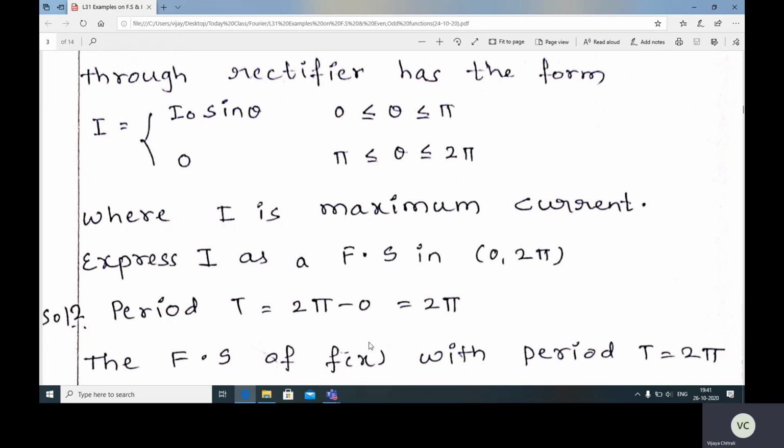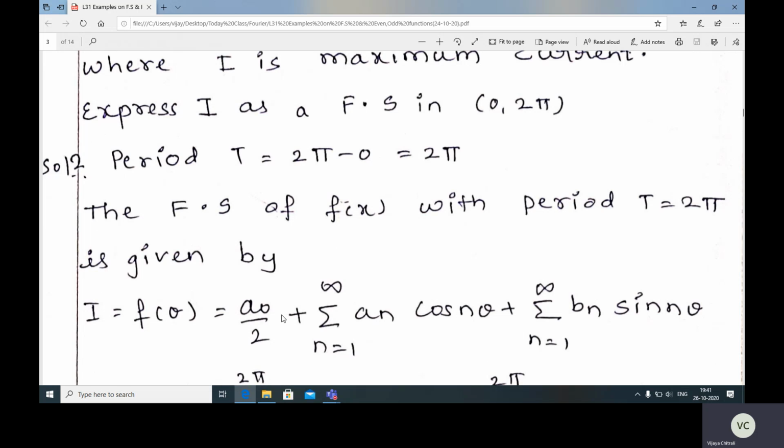And we know the Fourier series of f of x with period T is equal to 2 pi is given by f of x. In place of x we have theta, because the function is given in terms of theta.